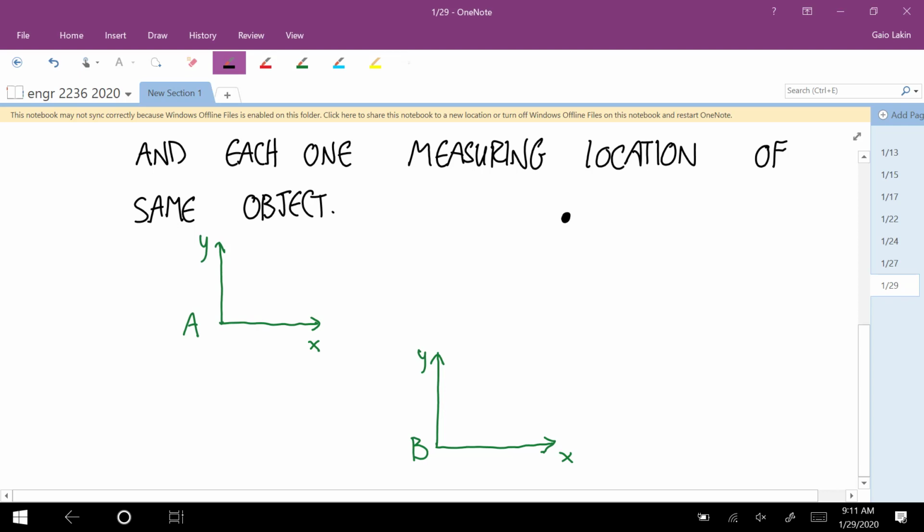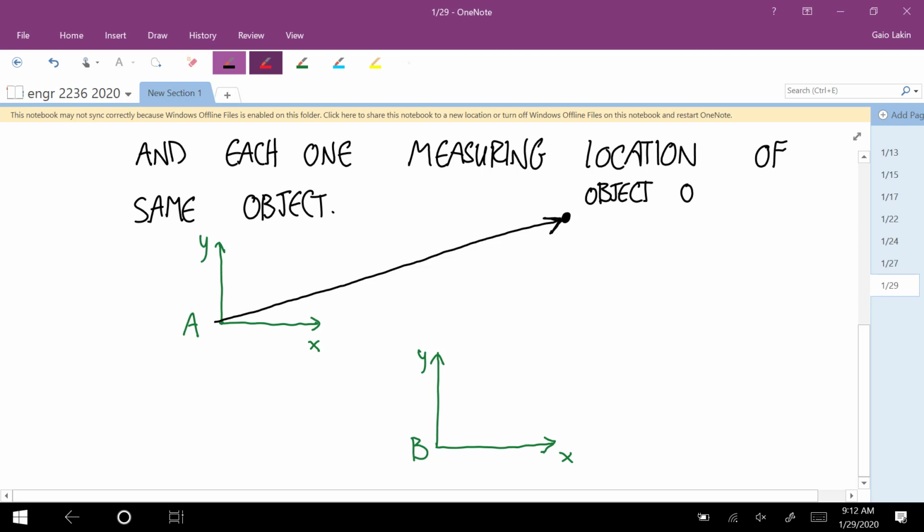So let's say this is the object, and I'll call it the object O. Okay, well, the meaning of a position vector is a vector from the origin to the object that you're tracking or the point of interest. And so this is the position vector of O according to this A coordinate system.